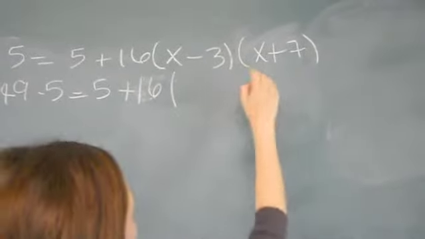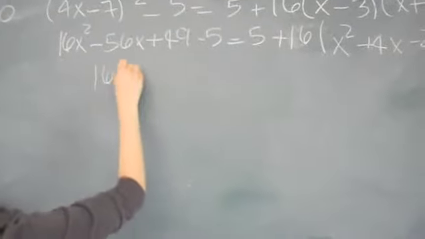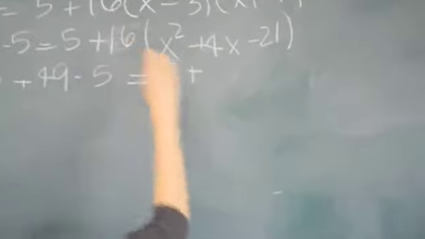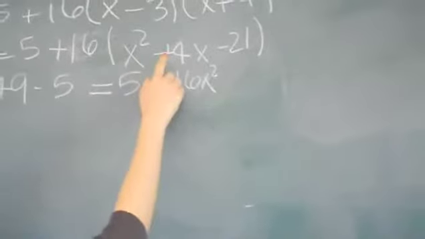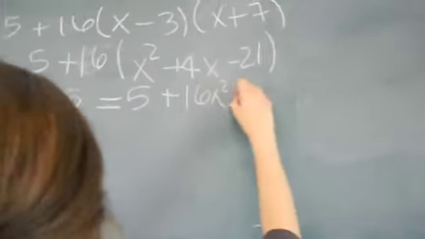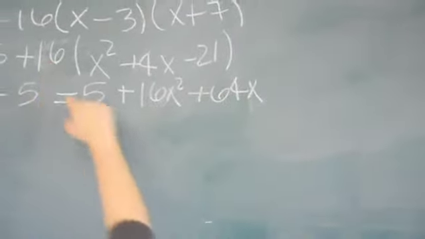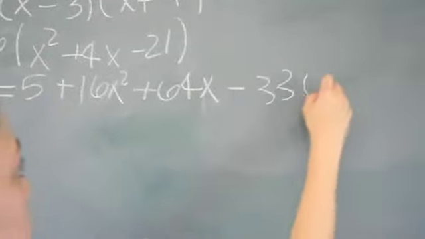And then I need to solve these two equations. I will write the equation again so I can solve this part. Plus, and then I need to multiply 16 times positive 4x equals 64x. And then 16 times 21 is negative 336.